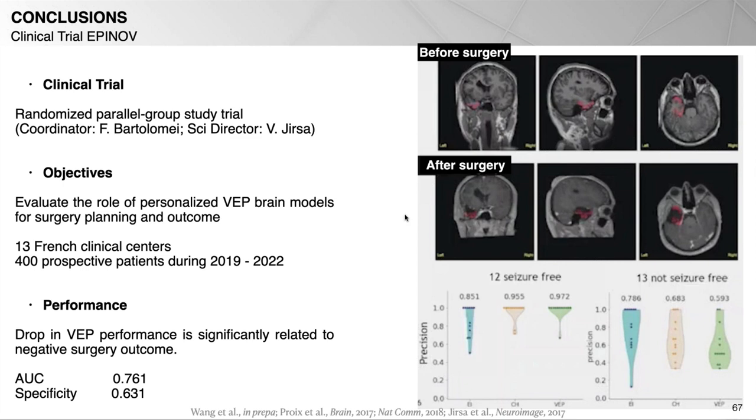And here the VEP reports show a different epileptogenic network from the one found by the clinicians.